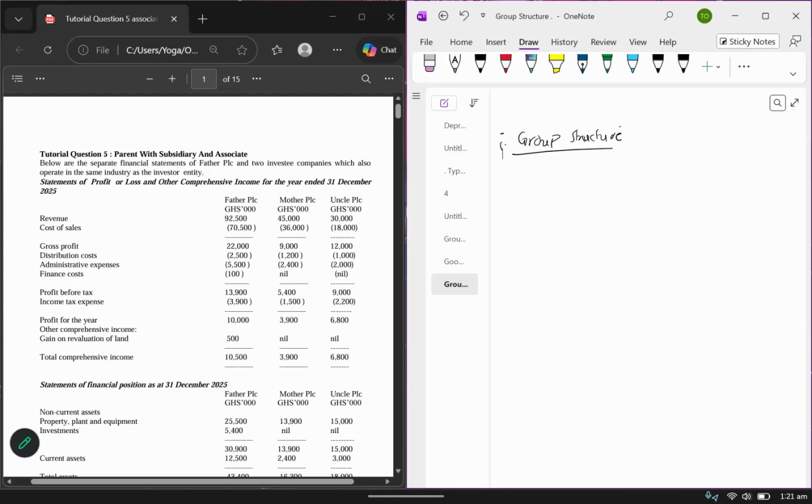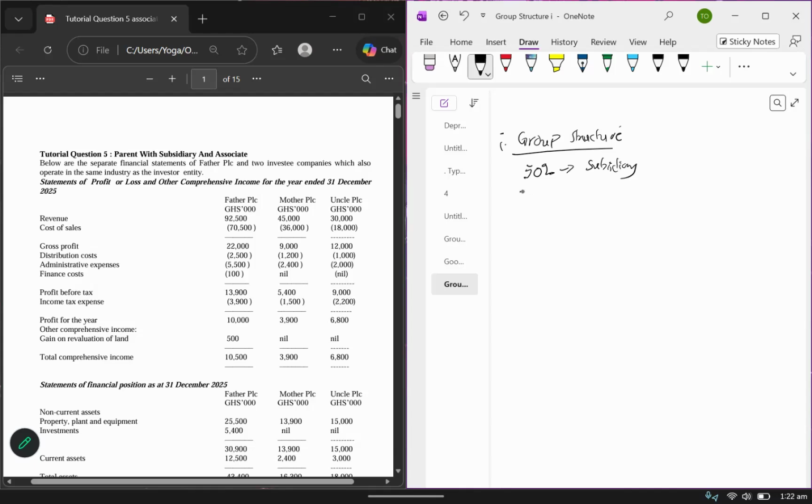Okay, so we all know what the group structure is. It basically tells us the proportion or percentage of shares that a company has been able to acquire in the other company. We know that if a company acquires from 50% and above, the acquiree becomes the subsidiary to the acquirer.